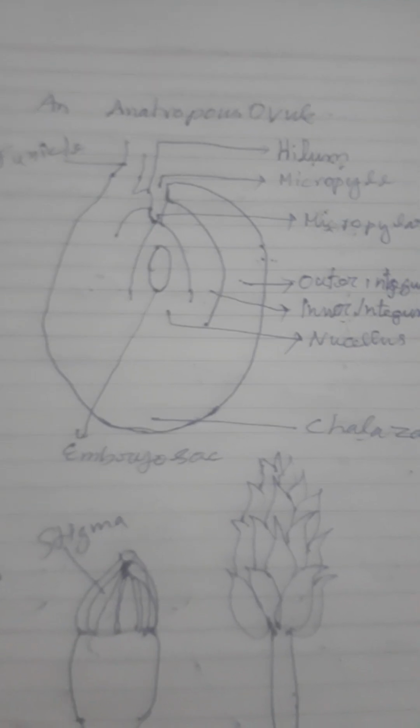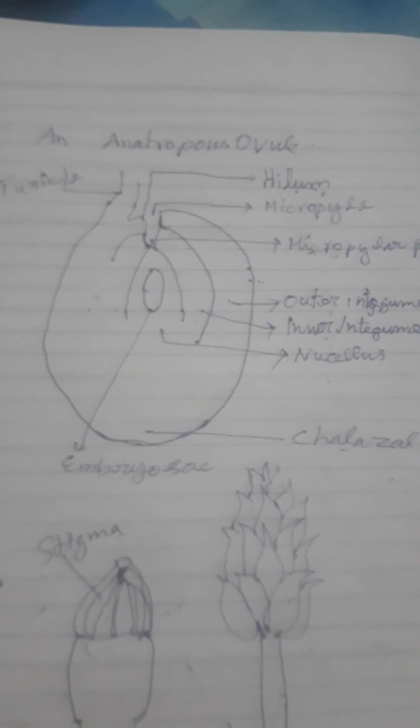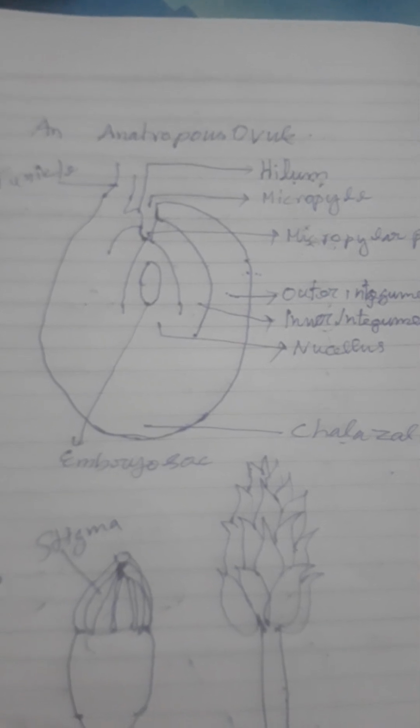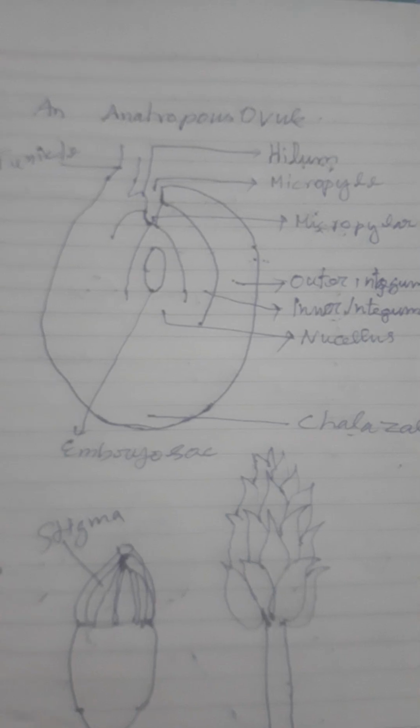In the embryo sac, you will find 8 nuclei. First, a single nucleus divides into 2, 2 into 4, 4 into 8.